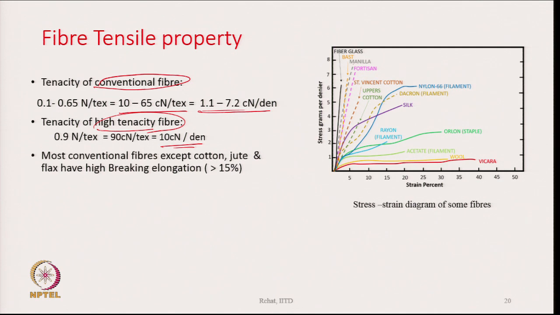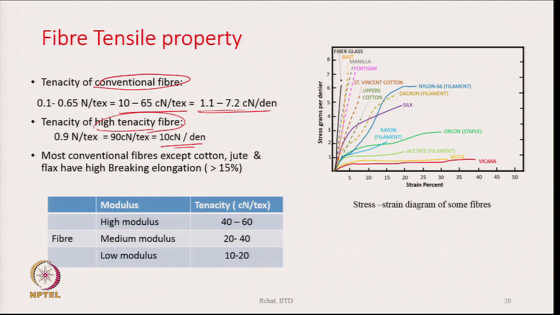So, that is a typical tenacity. Most conventional fibers except cotton, jute and flax have very high breaking elongations. But cotton elongation is 7 to 8%, jute is much less, maybe 2 to 3%, and flax is also close to 2. So, these fibers have less elongation or less extension, but other natural fibers have very high extensions, generally more than 15%.